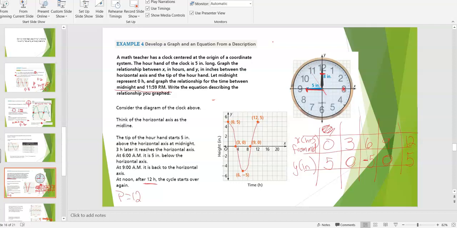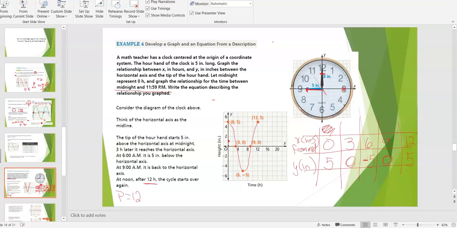That means I could get my equation because I have amplitude. I know this would be like a cosine function because normally at degree 0, the cosine would be 1. That's what I meant. Okay.